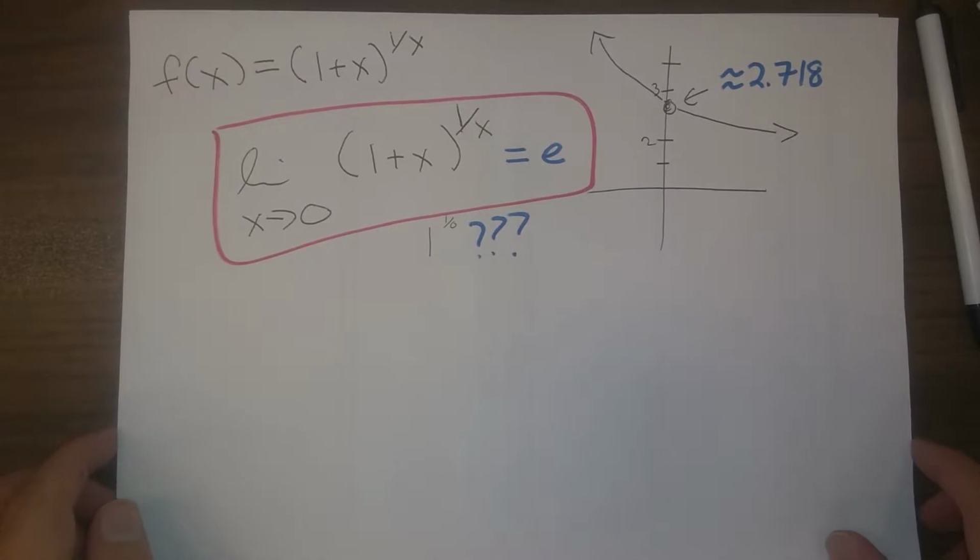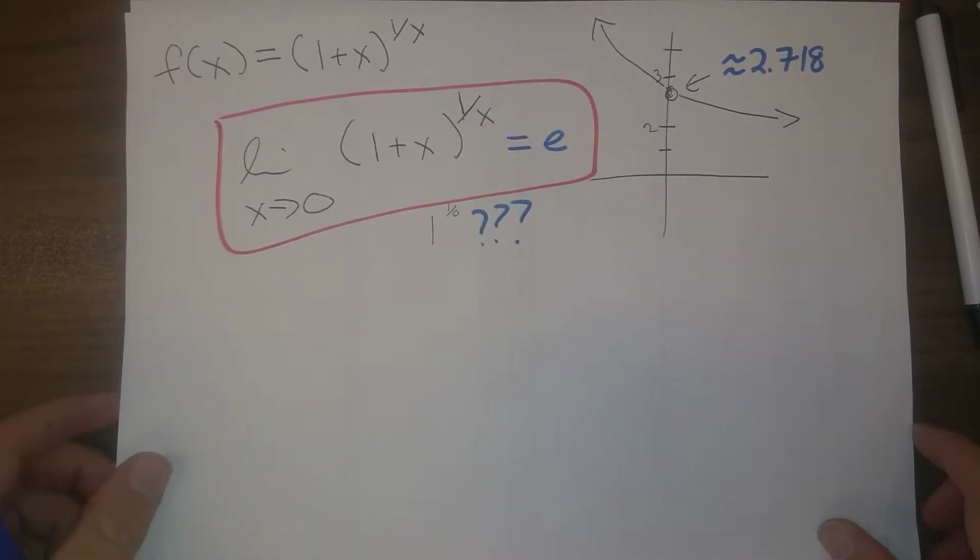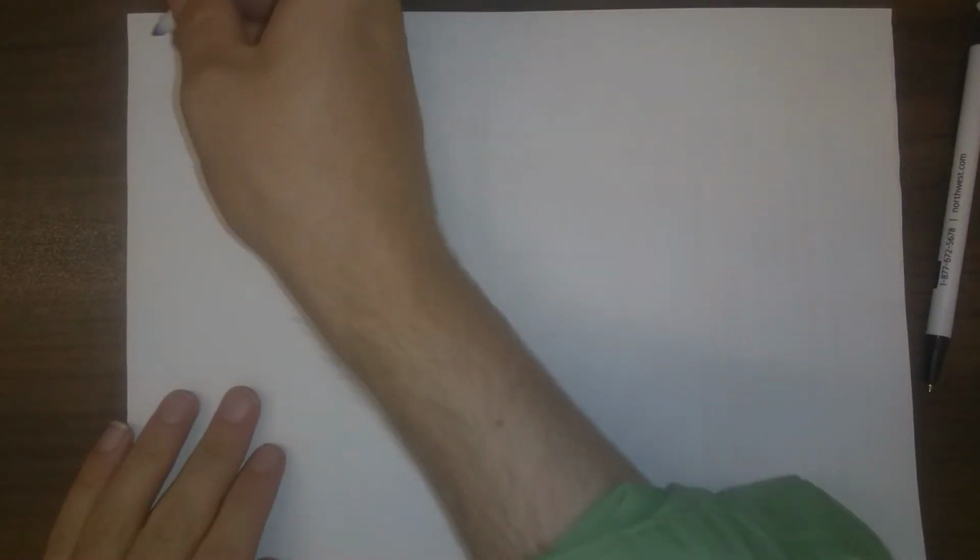So far in this example session, we've done lots of positive examples. It's worth for us to also do one negative example, a function that does not have a limit.